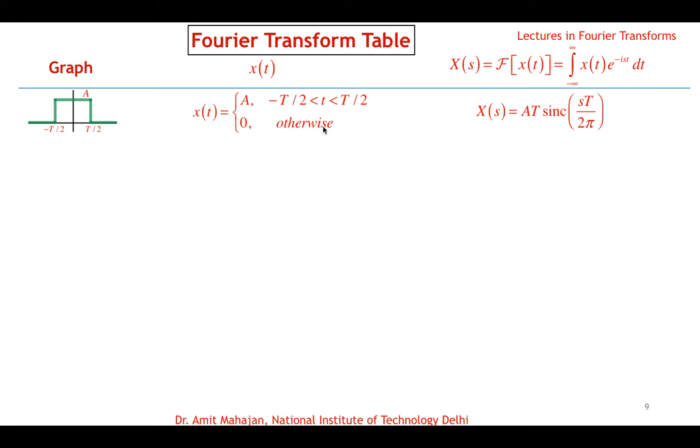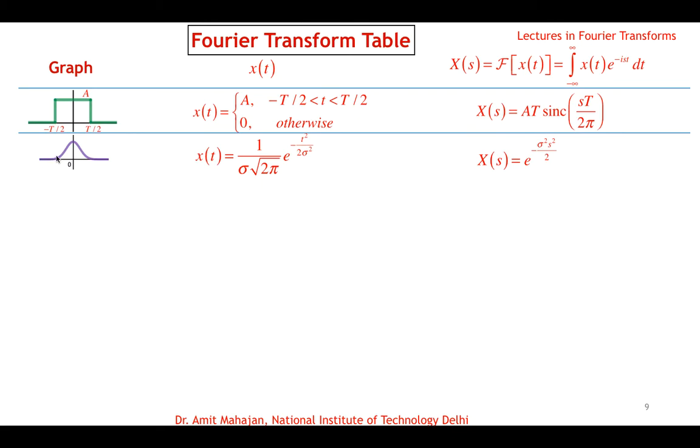The corresponding function is x(t) takes the value a in minus T/2 to T/2 and 0 otherwise. The Fourier transform of this function is the sinc function: it is a T times sinc of sT by 2 pi. So that's the first result.